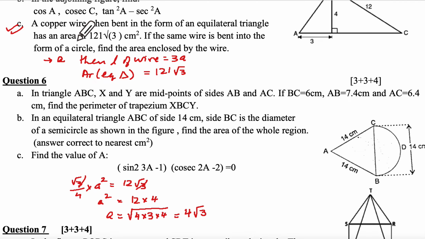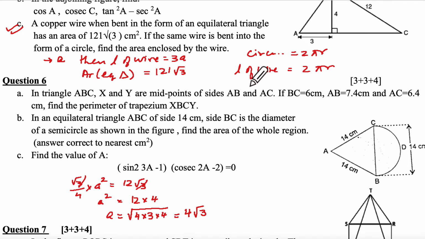Now the same wire is bent to form the circle. So the circumference of the circle, which is 2 pi r, will be equal to the length of the wire. Length of wire is equal to 2 pi r.